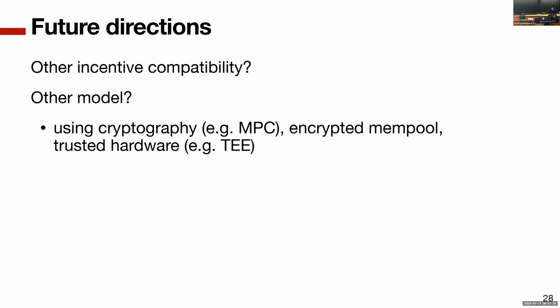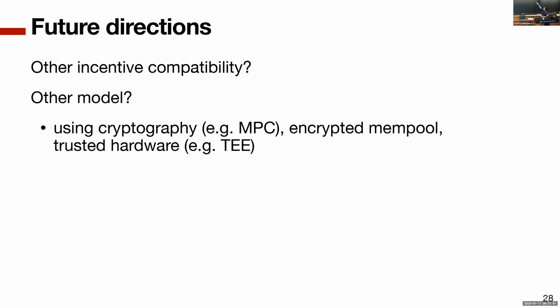So for example, maybe we can use some cryptography. I have some previous work where we show that if we require several miners to jointly run a multi-party computation protocol, then we can actually have some meaningful mechanism there. Or in the blockchain community, people discuss that maybe we should encrypt the mempool.